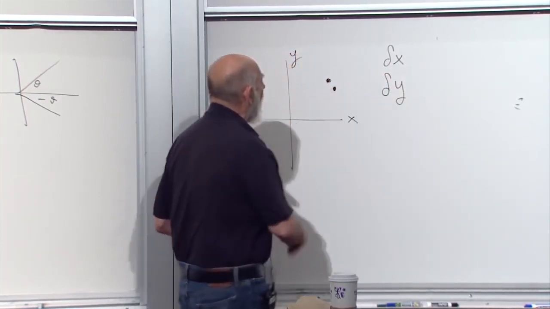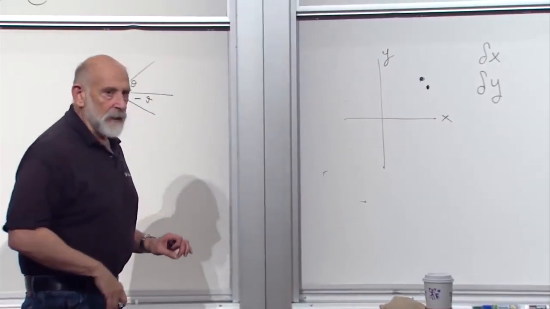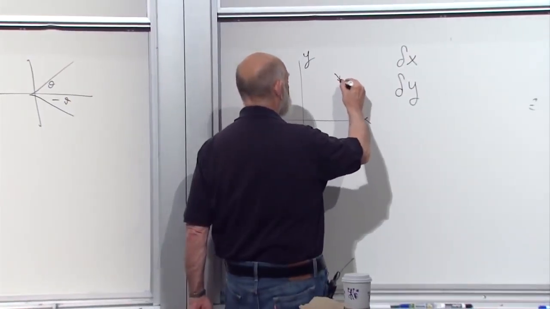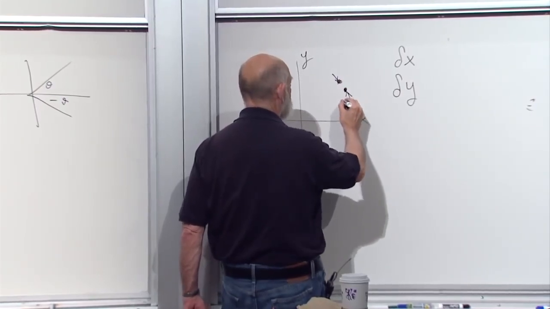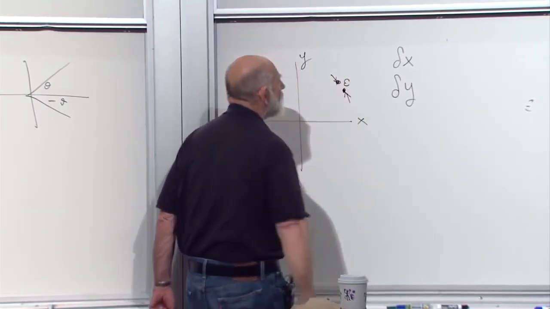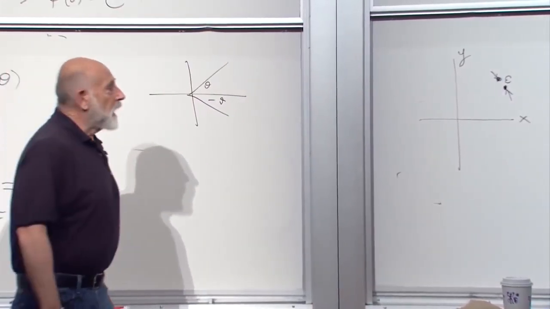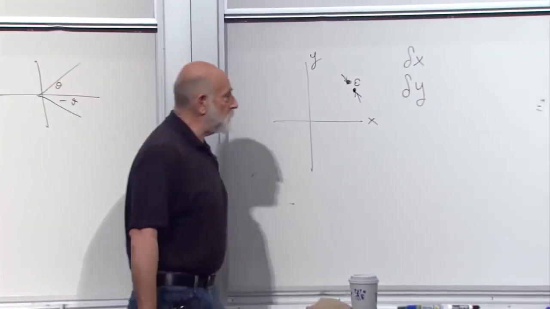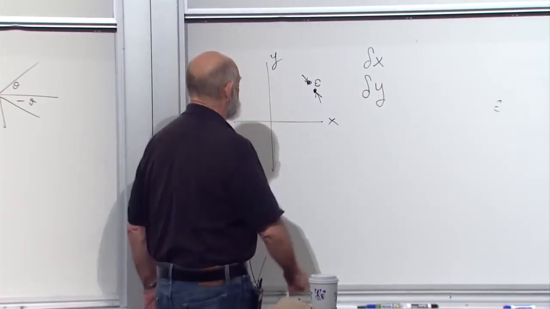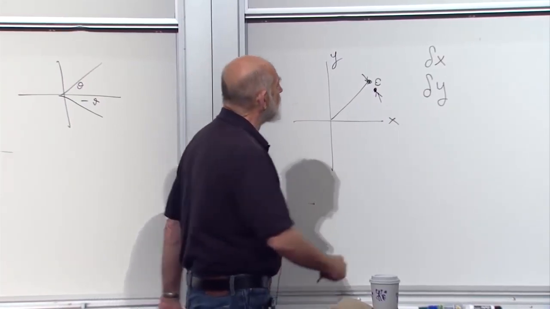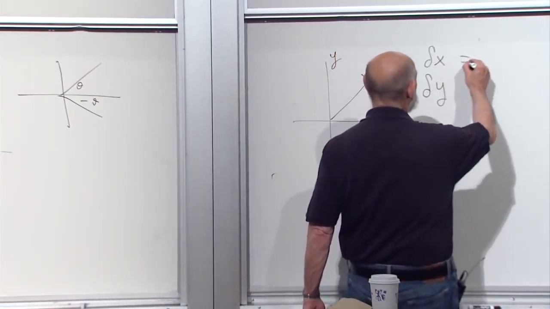I'm assuming that the angle is small, and let's call the angle epsilon. Then what is delta x and delta y? I'll leave it to you to prove. This is a very simple exercise. It's just simple geometry. For a small epsilon, can anybody tell me what delta x is?